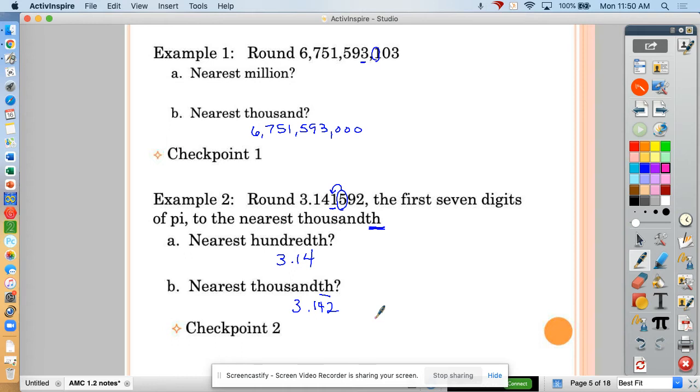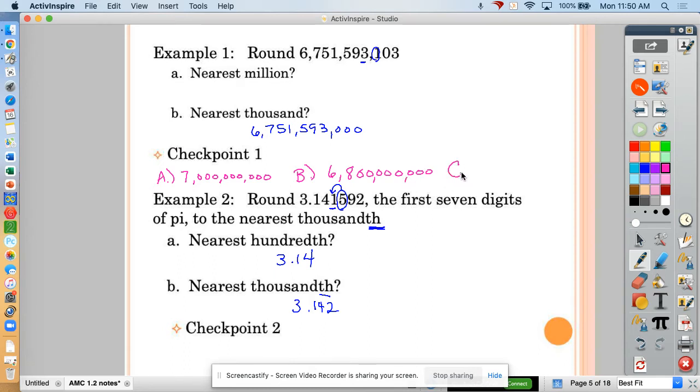In checkpoint 1, it asks you to round the number. And so your first one, to the billion, is going to be 7 billion. A. And then in B, round to the 100 million. So you should get 6,800,000,000.